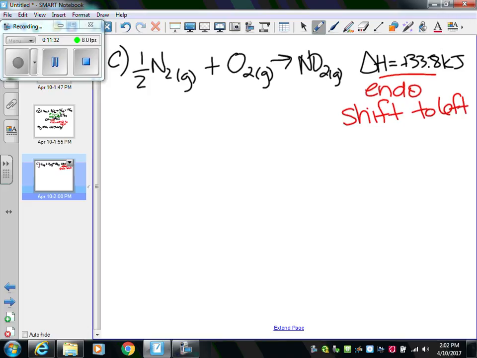It was on the right-hand side of the equation. Oh, yeah. Okay. Wait, how do we know that it's shifting to the left? Okay, so if we look into our little chart there, and we look at endothermic, it's going to try and favor the side that makes sense to it right now. If we increase the temperature, it's going to favor the forward direction, right?